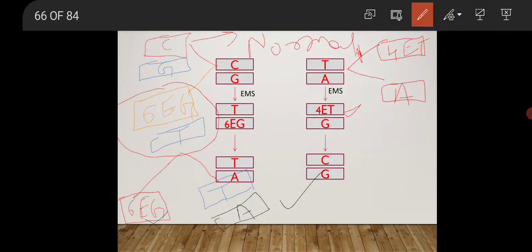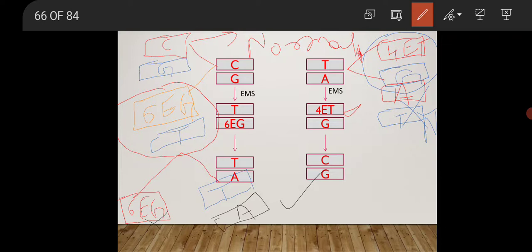Yes, to this adenine the complementary base that will attach is thymine. Okay, now this is normal, so we will leave this, but this is the mutated one. For ethylthymine, I said it will base pair with the guanine. Okay, so here there is guanine. Now we leave the normal one, and we carry out the second replication.